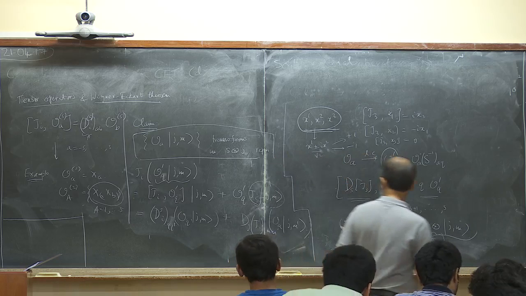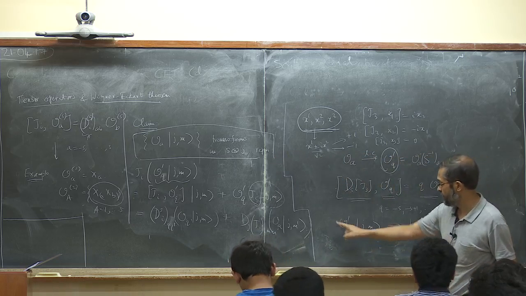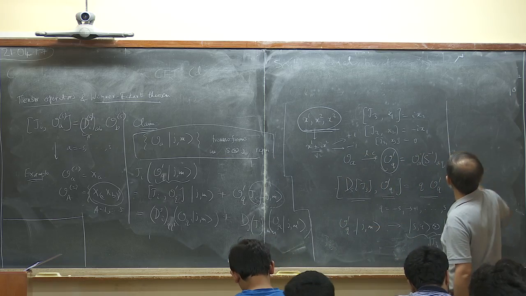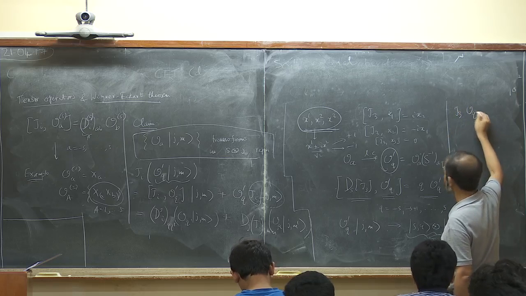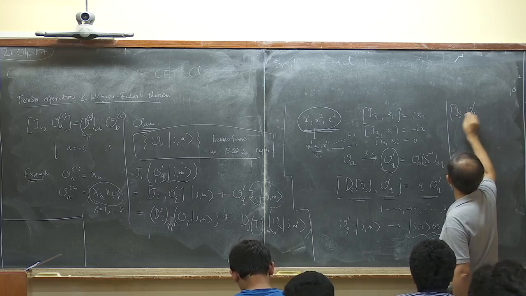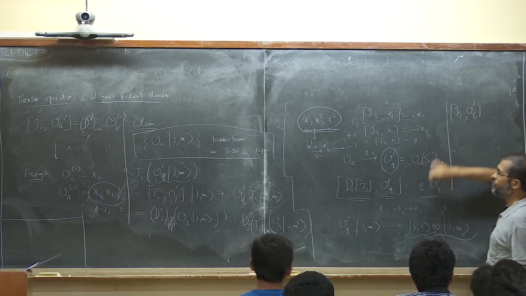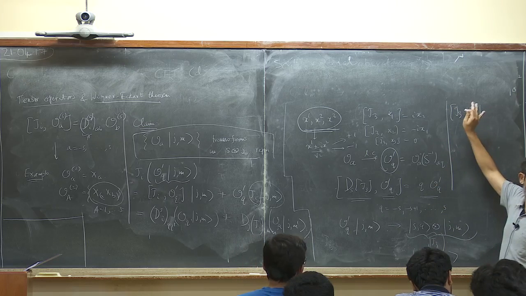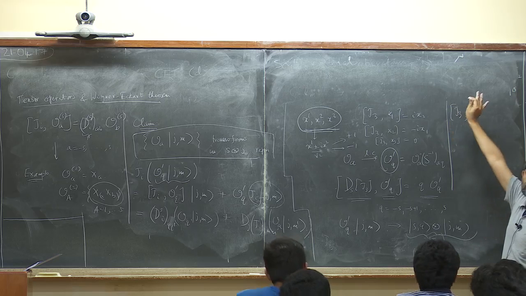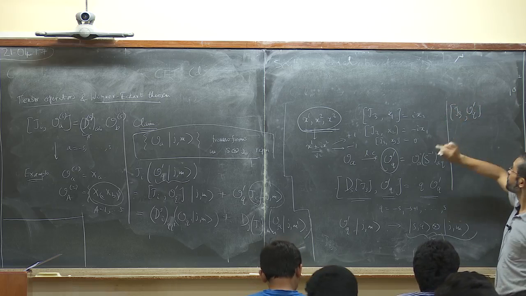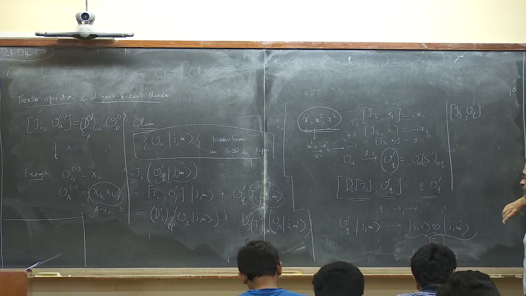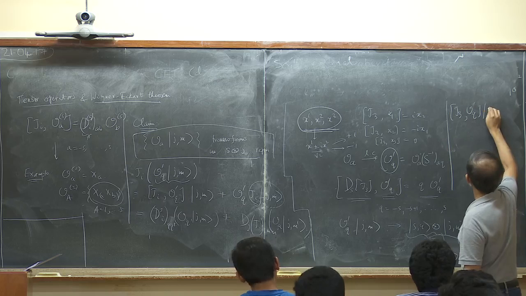I'm acting by J3 on this, so J3 acting on O Q. In my notes I have always kept these primes, but I'll forget about these primes. That is to say, I have chosen once for all a basis which is the eigenbasis of J3. So I'll forget about this prime now, with your permission.